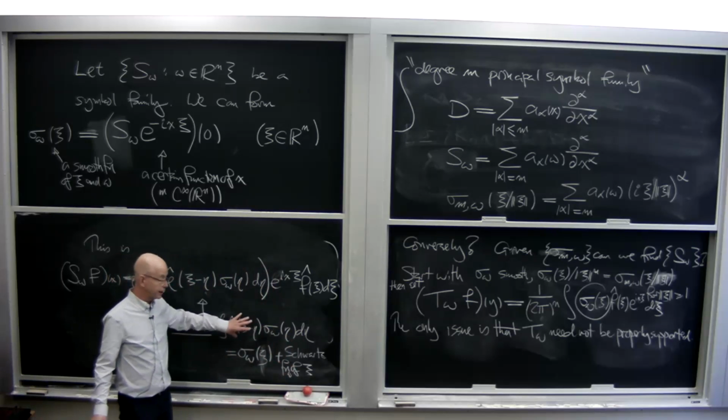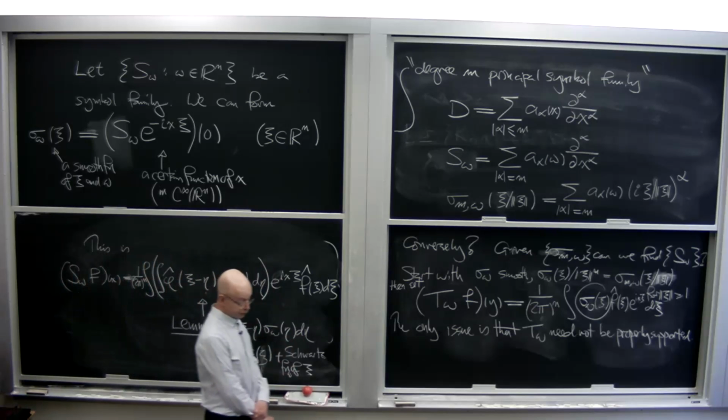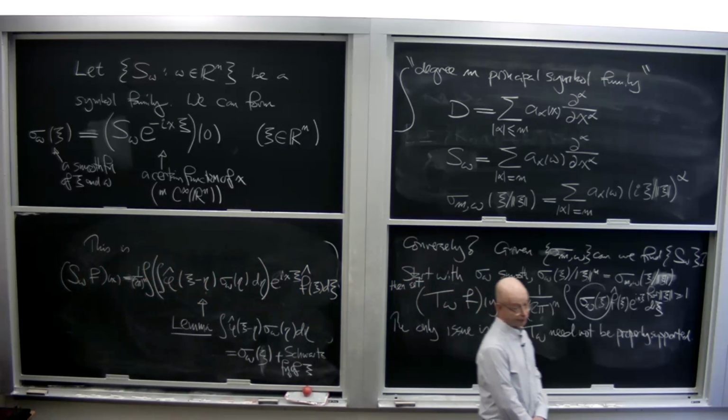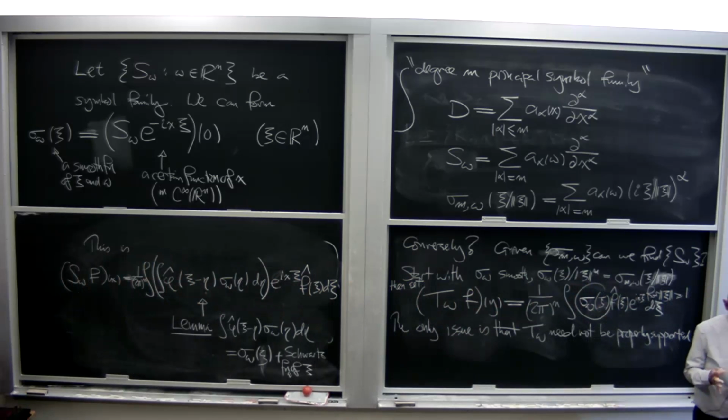You get an operator which is manifestly properly supported. So there's no difference, modulo smoothing operators, between principal symbol functions, sigma_m, omega, and symbol families, S_omega. They're one and the same thing, modulo Schwartz functions on the one hand, and modulo families of smoothing operators in the case of symbol families.